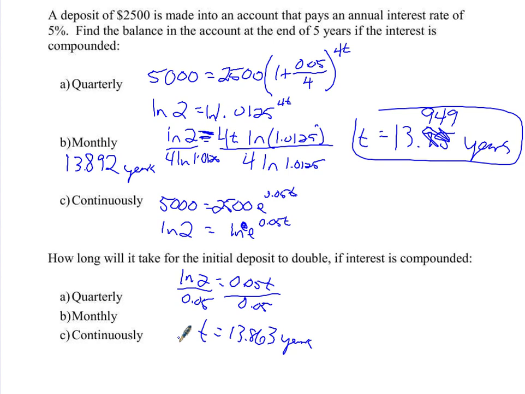It benefits banks and creditors if this is their interest. So you always want to find the interest and compounding that's going to benefit you the most: either more compounding per year for your interest or less compounding per year if it's your debt.